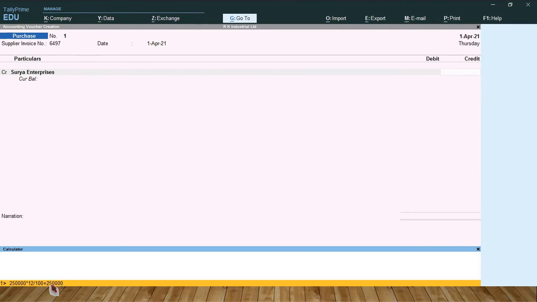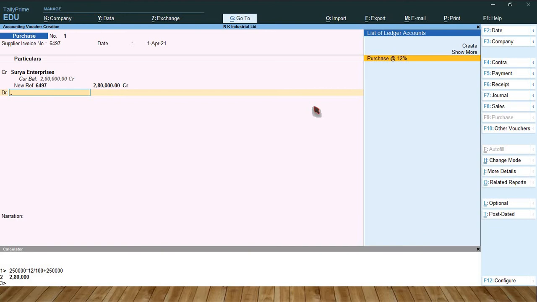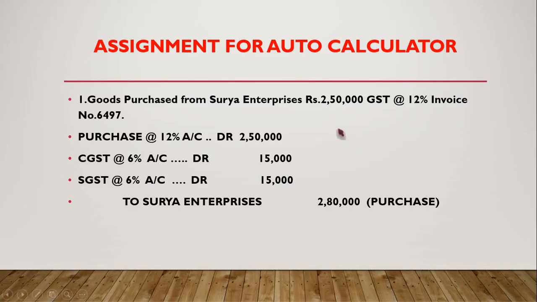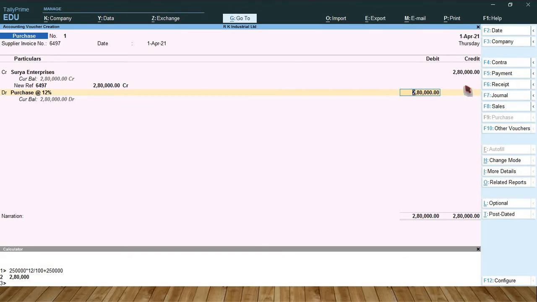That amount directly appeared in the credit amount field. Press enter. New reference. See friends, here including GST the amount is 2,80,000. In this way you have to enable the auto calculator in Tally Prime.